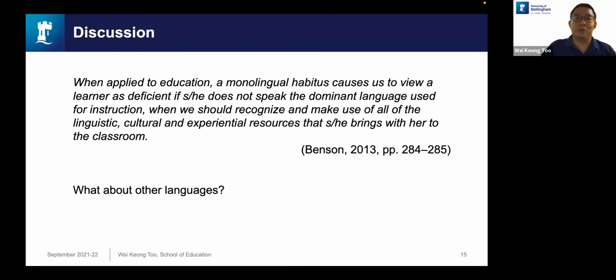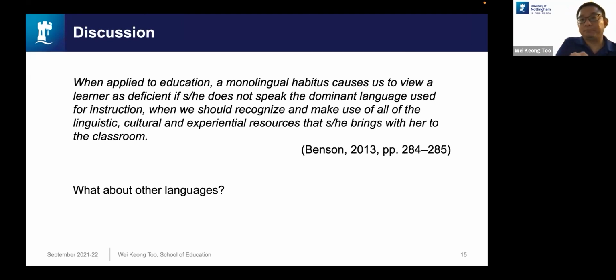Whereas in one country, there are so many languages, but probably the economic currency is not as strong as English. So I would like to extend this discussion further. How do we go about it? What about other languages, when Asia is a multicultural, multilingual society?